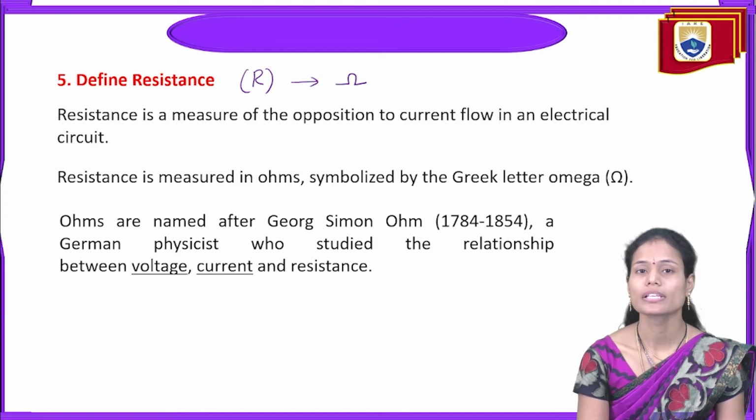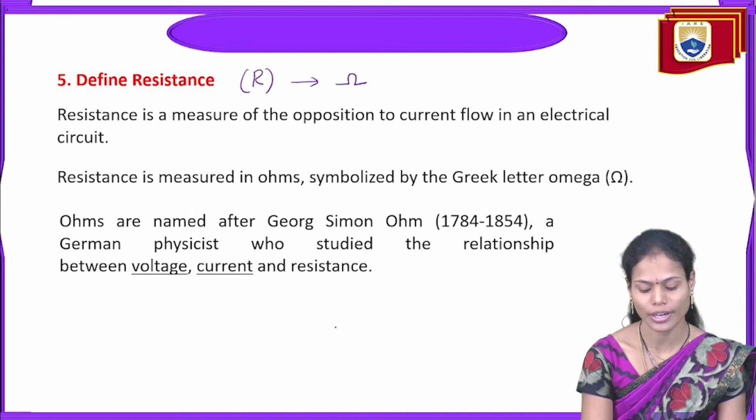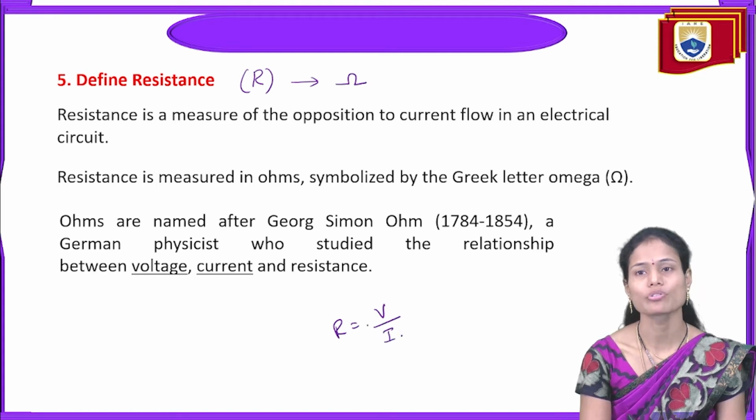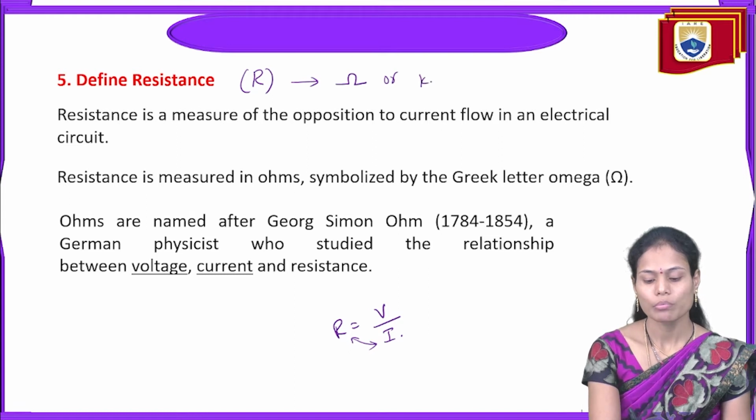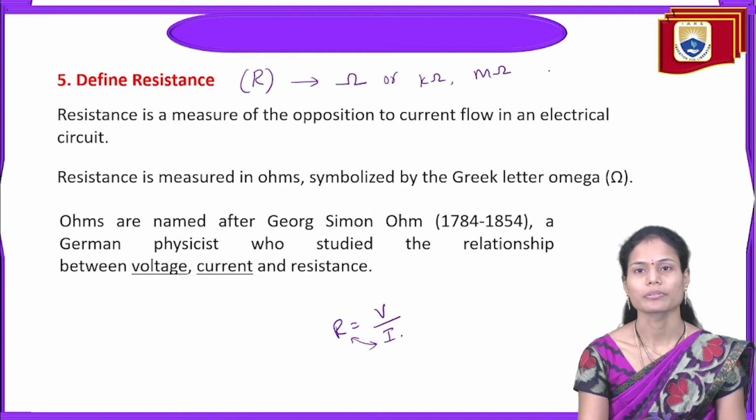This resistance gives the relationship between voltage and current in the circuit. According to Ohm's law, we can write resistance is equal to voltage by current. From this relation, we say that resistance is inversely proportional to the flow of current in that particular circuit. It is also available in kilo ohms or mega ohms, etc.